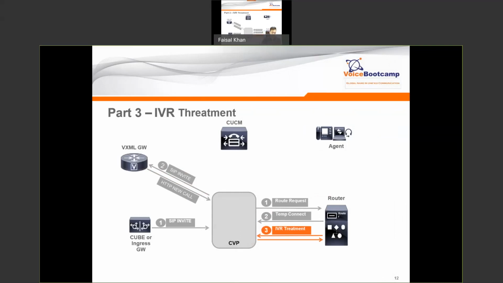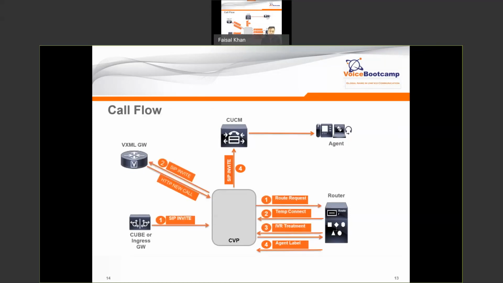Now, the moment an agent becomes available, UCCE is going to send an instruction to CVP, saying, hey, here's the extension 2001, please forward the call because he is the agent. CVP is going to send an instruction to VVB to stop the music and then send the call using the static route to call manager to transfer it. Call manager will do a blind transfer to the agent.